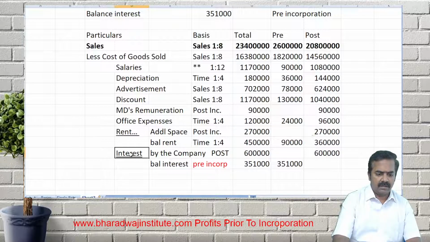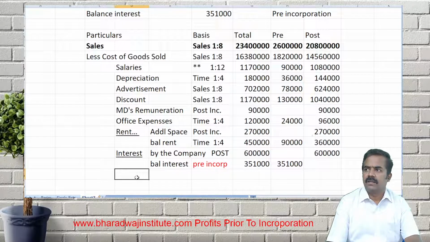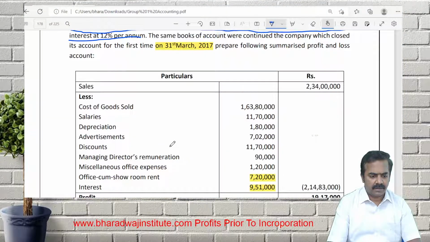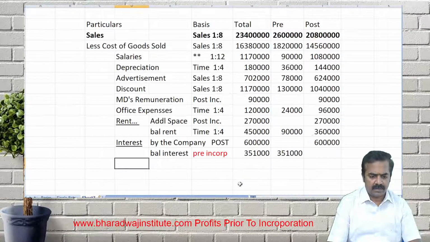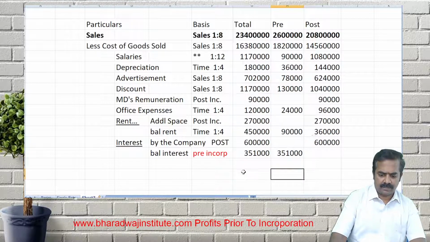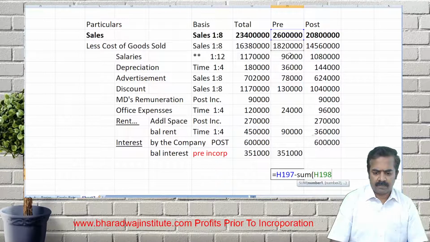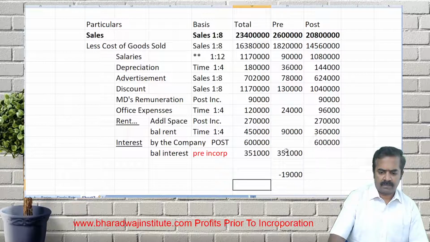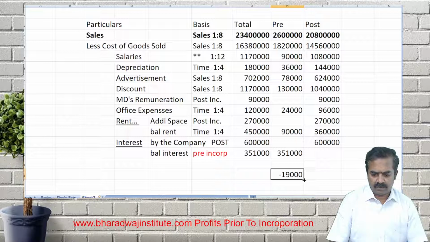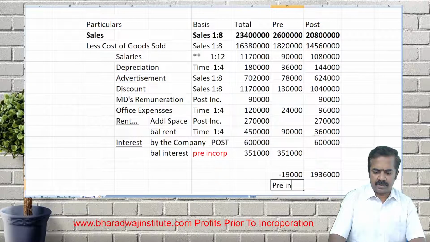Then, what is the next one? That's all. Any other expense? So sales minus various expenses. Pre-incorporation.